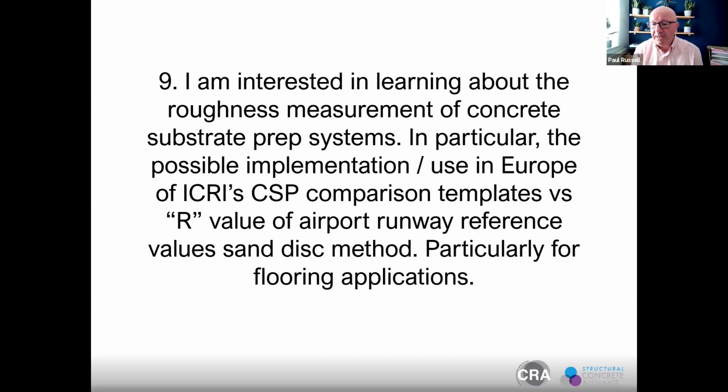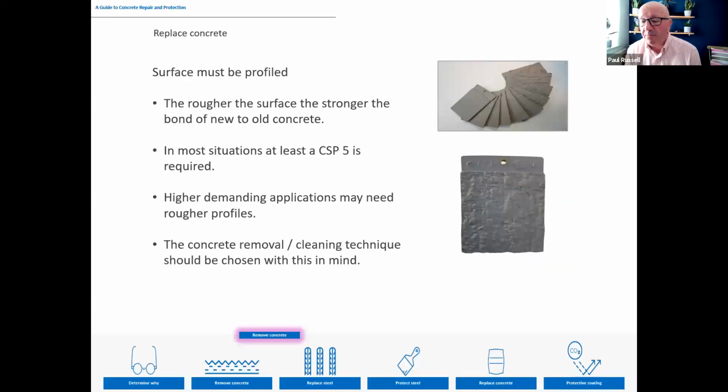But if you can just move to the next slide, please, we'll see what the profile that certainly the Americans and the Australians are using at the moment, and it's something that we have started to use in our specifications, in our recommendations. We can see here on the slide this particular one is CSP 6, which shows the roughness of the prepared concrete.